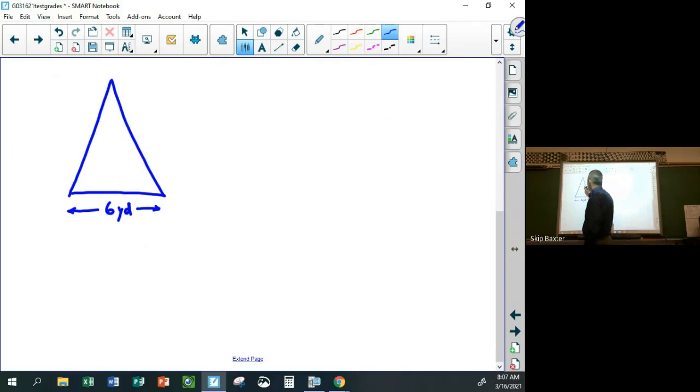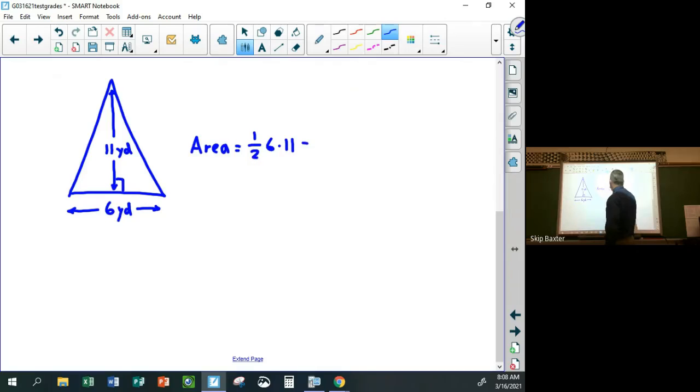And this distance here is 11 yards, measured perpendicularly. So then the area would be 1/2 6 times 11. Half of 66 is 33 square yards.